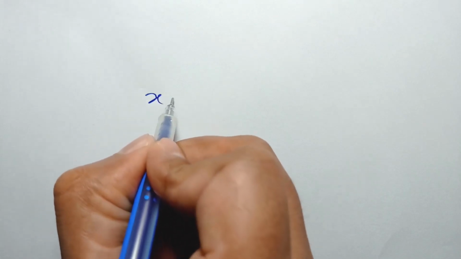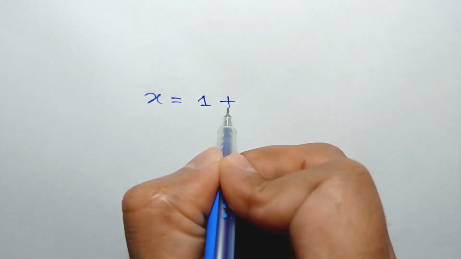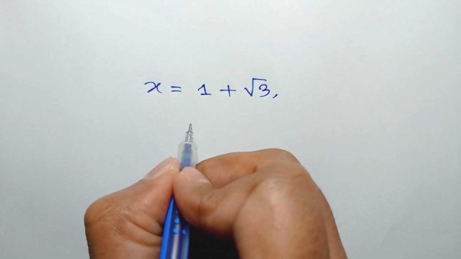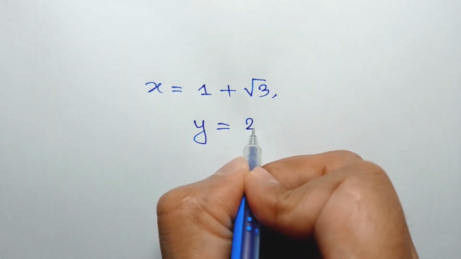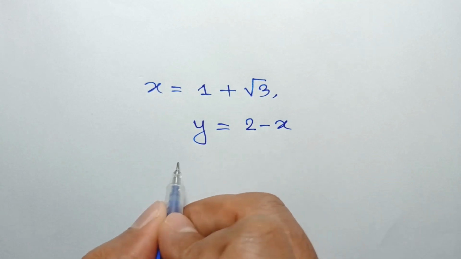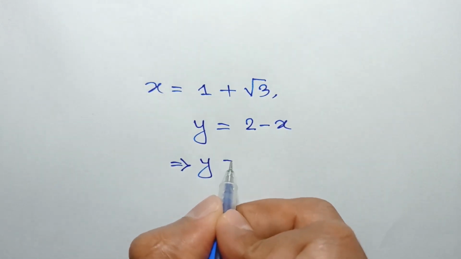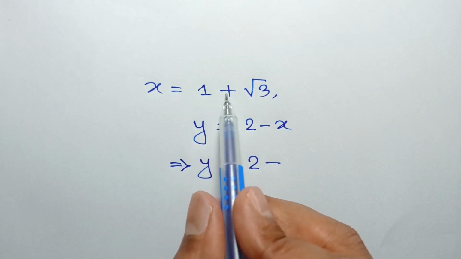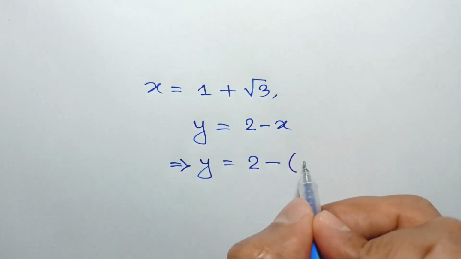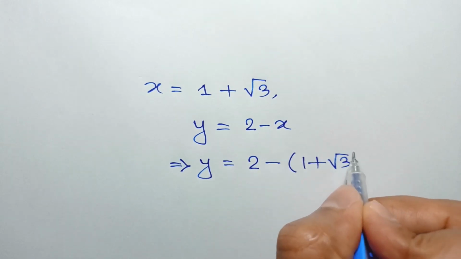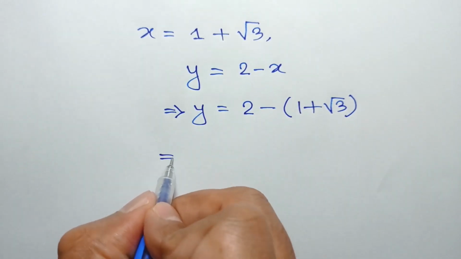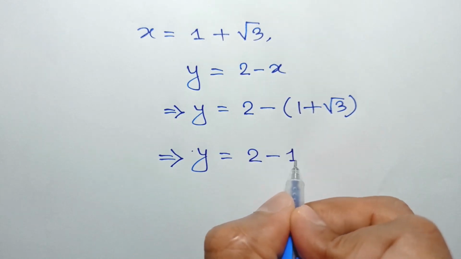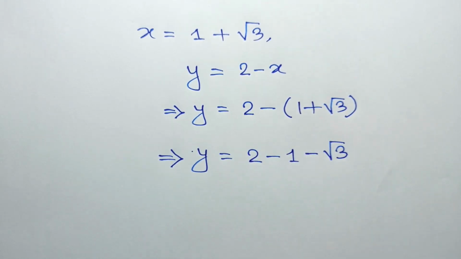So when x is equal to 1 plus square root of 3, then from equation 4 we can write y is equal to 2 minus x, or y is equal to 2 minus, substituting the value of x is equal to 1 plus square root of 3 here, we can write 1 plus square root of 3, or y is equal to 2 minus 1 minus square root of 3.